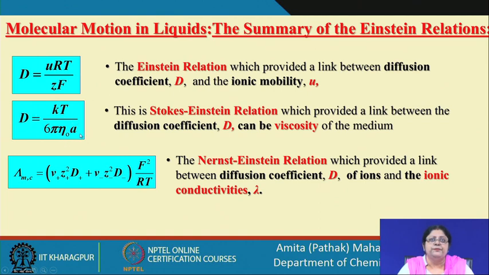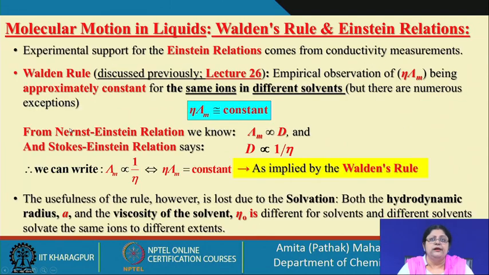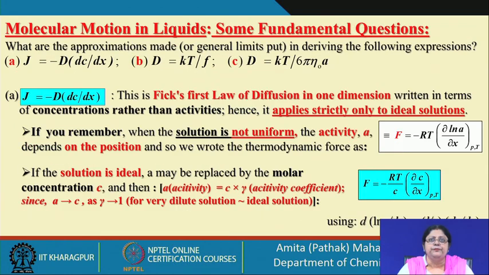If we have a different, because of the different extent of the solvated radius in different media, this validates the discrepancies of Walden's rule, and how we can relate and validate through Einstein's relationship. This is what we have revisited in terms of the Nernst-Einstein relation and the Stokes-Einstein relationship.